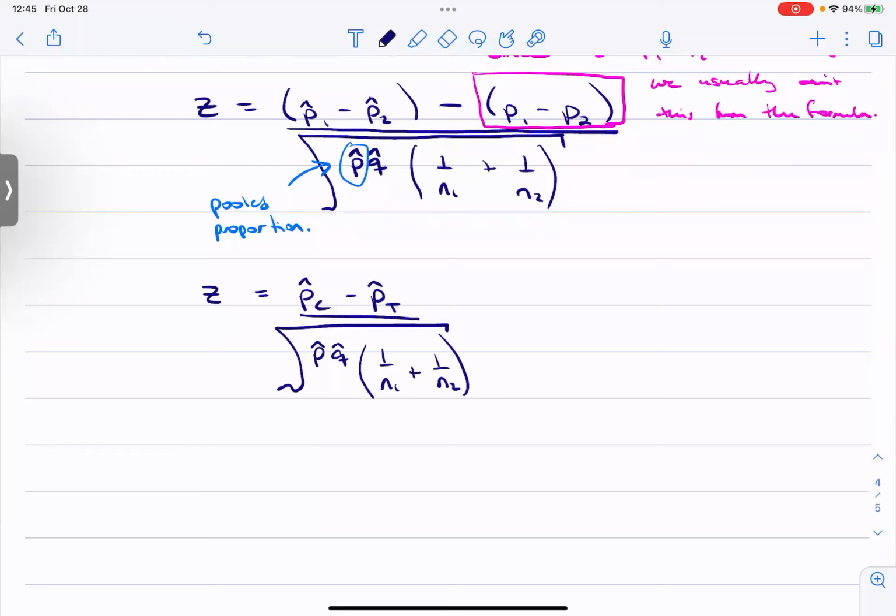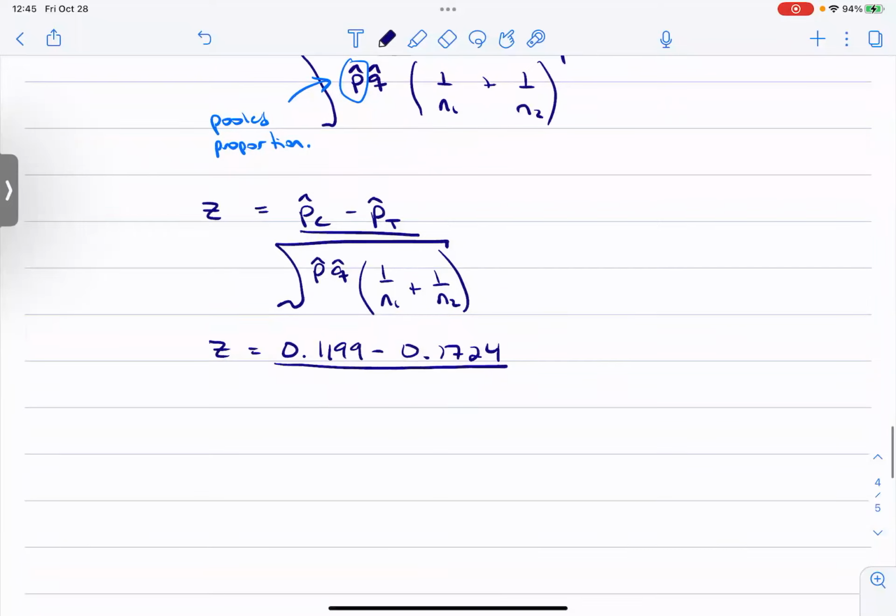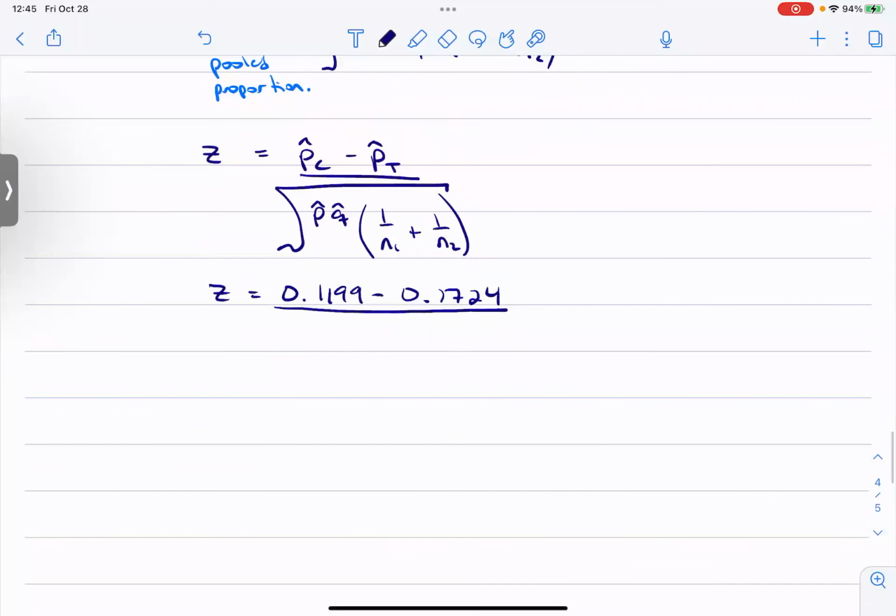We have all these values, and instead of scrolling back and forth, I'm going to steal them from here. 0.1199 minus 0.1724 divided by, I'm going to do the square root last because otherwise I keep having to extend it, 0.1414 times 0.8586 times 1 over 292 plus 1 over 203.